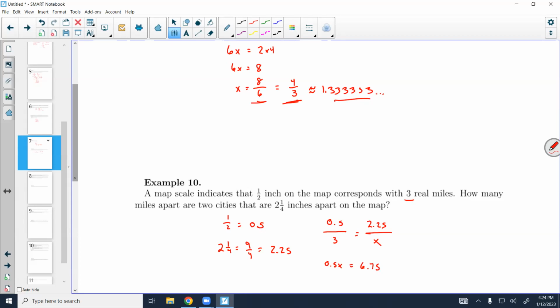Okay. Then we divide by 0.5 and we get x equals 13.50 miles. Any questions?